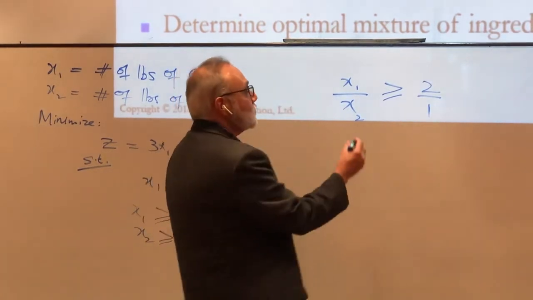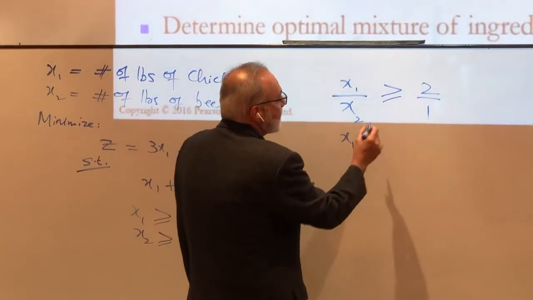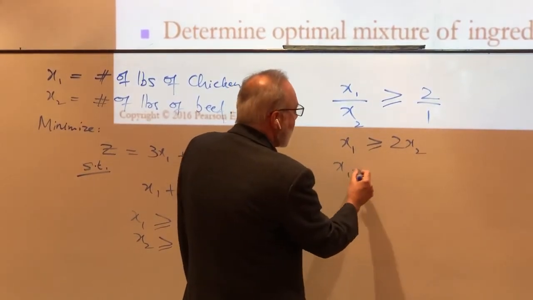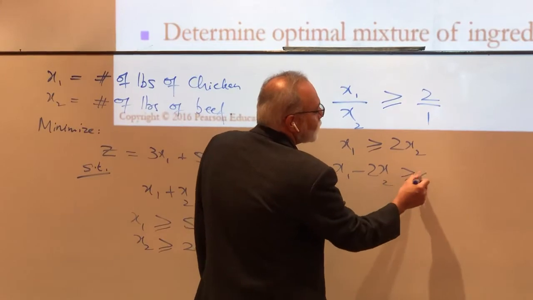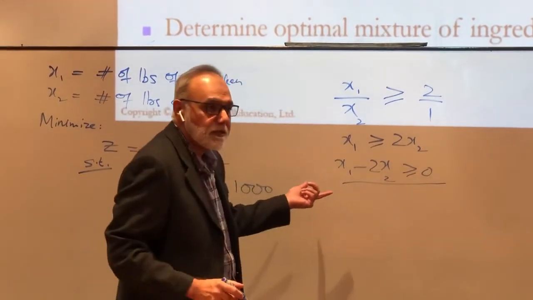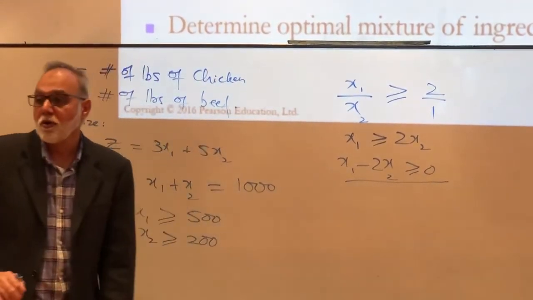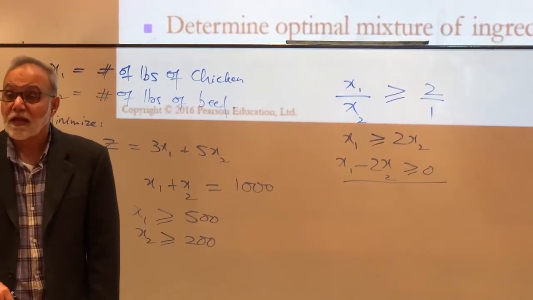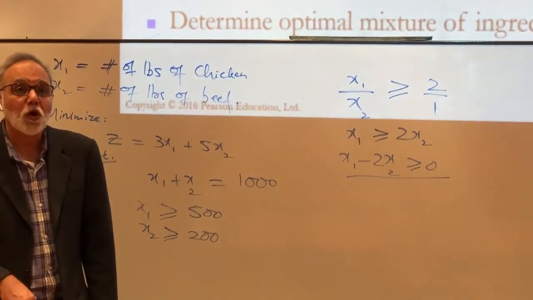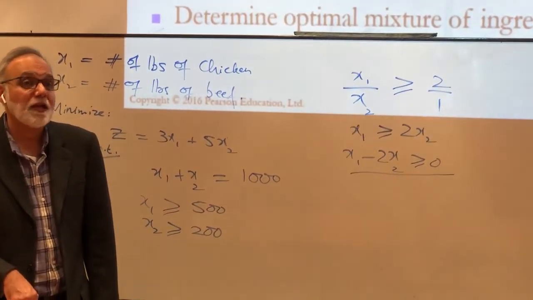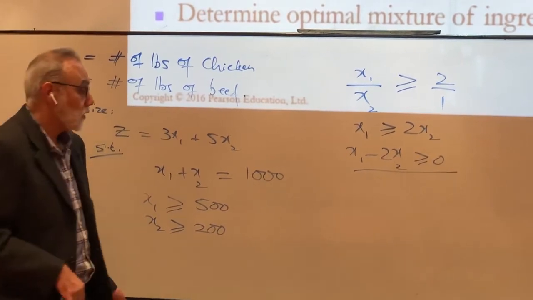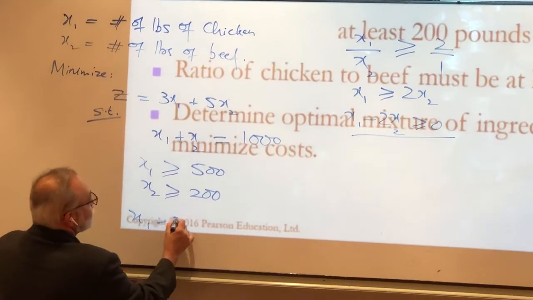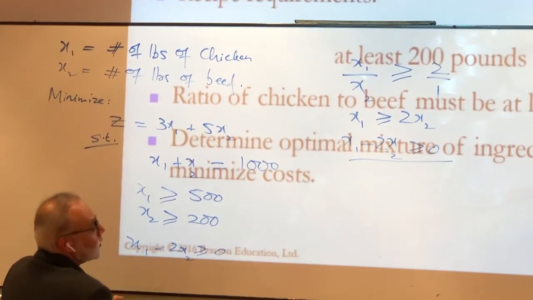So what we can do is we can have this in the format x1 greater or equal to 2x2, or x1 minus 2x2 greater or equal to 0. So this is the standard format to write it, for example, if we want to solve it by Solver in Excel. Next time we will talk about how to solve it in Excel and QM for Windows. So the last constraint is x1 minus 2x2 greater or equal to 0.